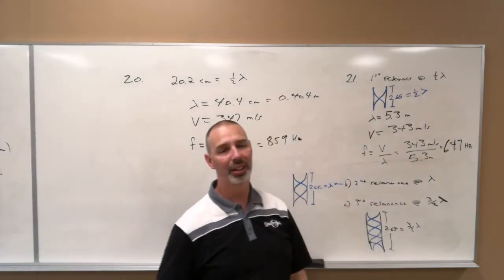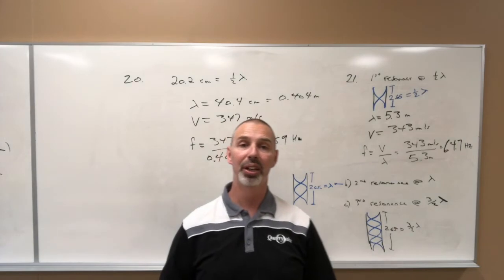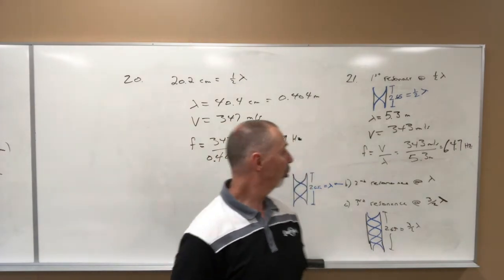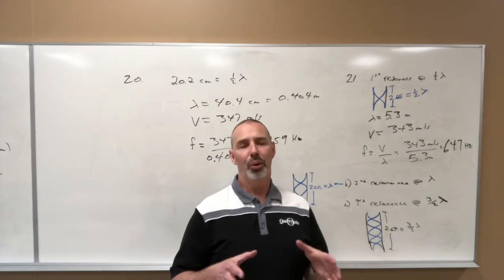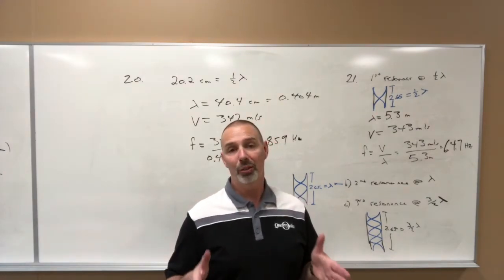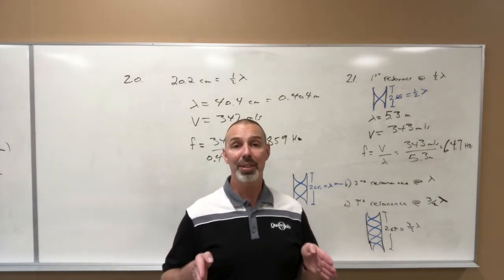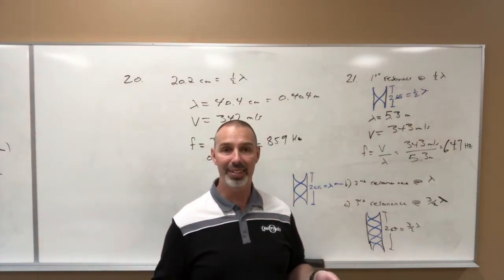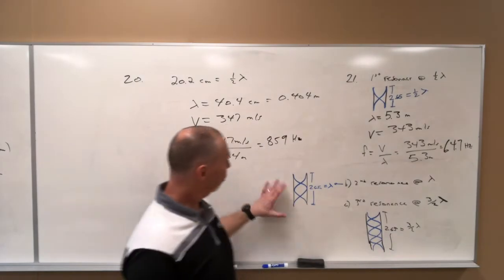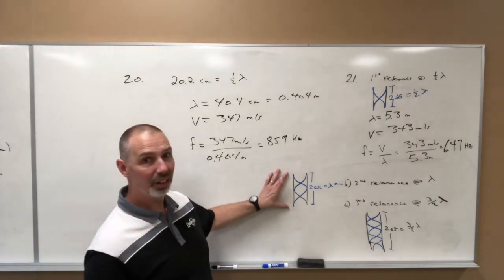Now when you go to part B, the only thing that changes is the wavelength. So you think, well, why is the wavelength changing? It's the same size of tube. Well, that's exactly it. We have the same size of tube, but now we want to find the second and third resonances. So if we draw this one out, here's our second resonance.